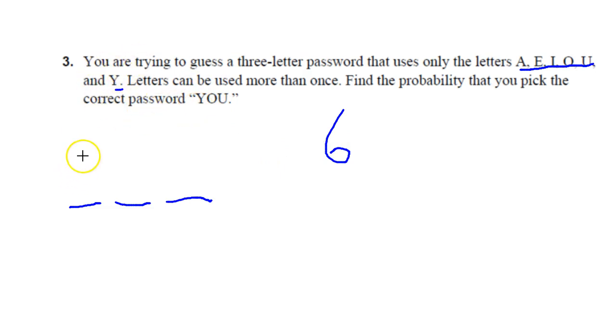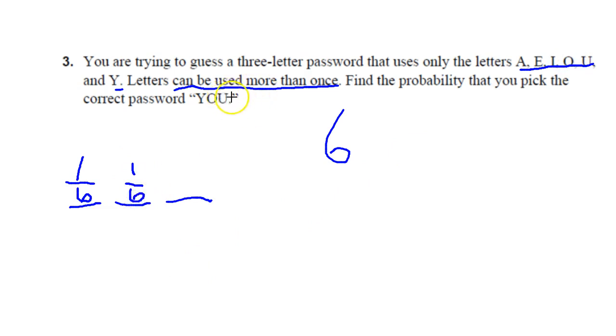What is the probability that the first one we choose is a Y? Well, if we're randomly choosing, the probability that we choose a Y is 1 out of 6. Now, we've chosen a Y, but since we can use the letters more than once, the Y stays in our group of choices. What's the probability now that we choose an O for the second one? Well, there's only one O, so it's 1 out of 6.